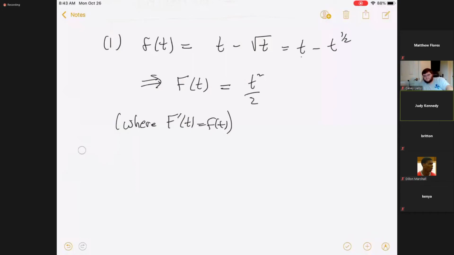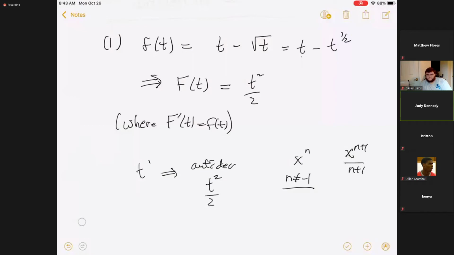And what rule is that? This is t to the first. So that means the antiderivative would be t to the n plus 1 over n plus 1, right? The rule is for x to the n, the antiderivative is x to the n plus 1 over n plus 1. And of course, that assumes n is not equal to minus 1.